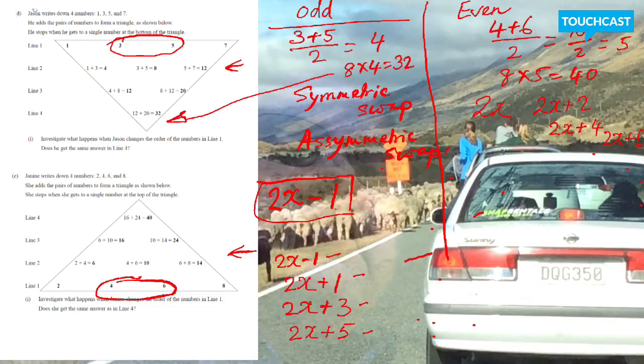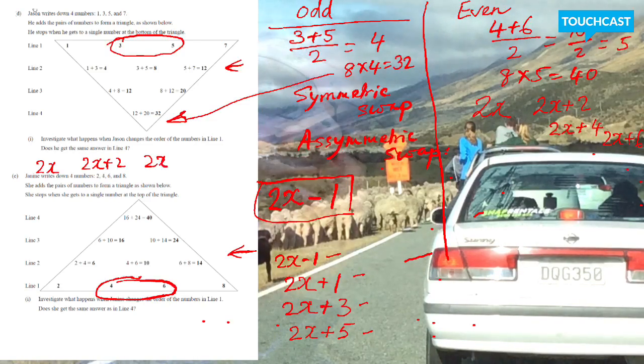It's kind of getting messy, so I'll shift it to the left hand side. So let's look at the even ones: 2x, 2x plus 2, 2x plus 4, 2x plus 6.